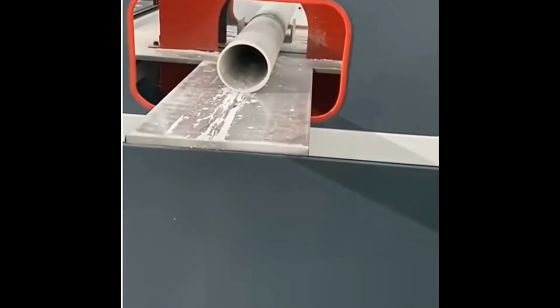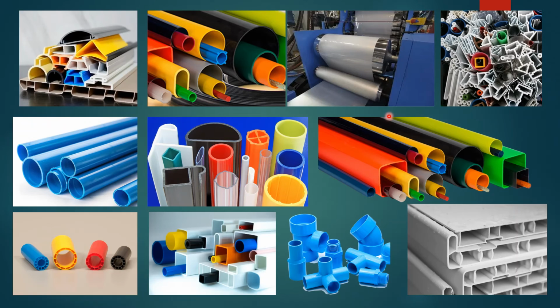Through extrusion we can manufacture different plastic sections, like circular, triangular, rectangular, or complex sections. We can also form sheets and films; a sheet has more thickness, and a film has very little thickness.